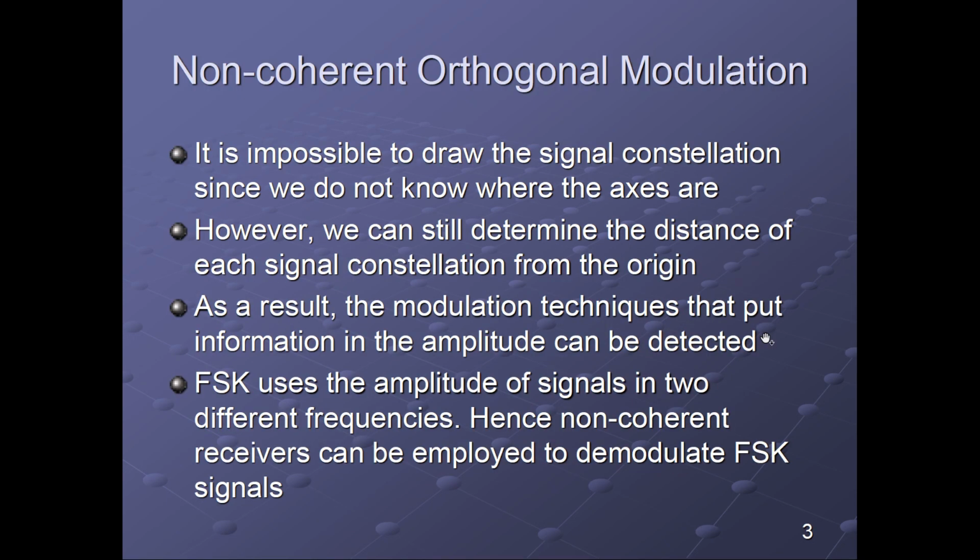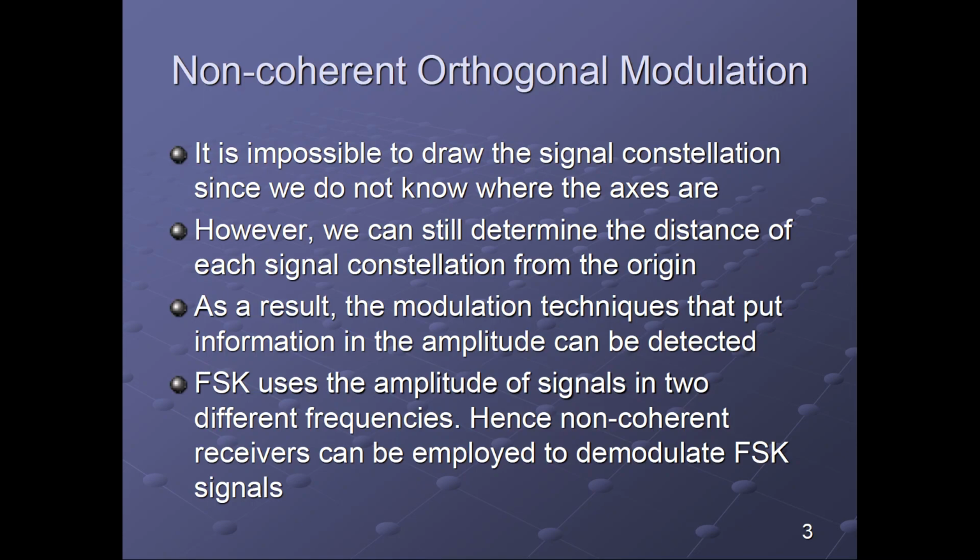So what do you do then? You don't have a constellation diagram, but you can measure how far your received symbol is from the origin. You can measure the amplitude, the power, or the energy with respect to the origin. It's impossible to draw the signal constellation since we don't know where the axes are. We don't know the phase.